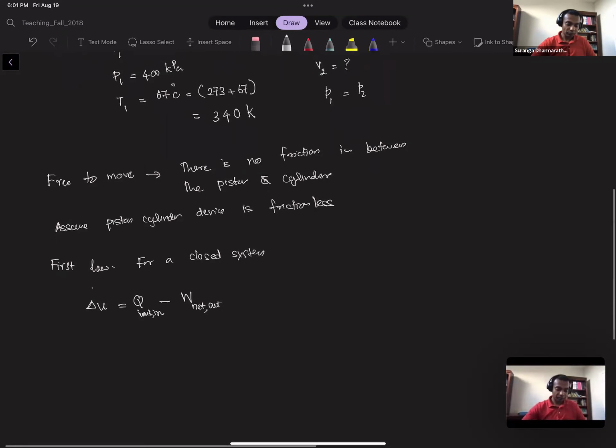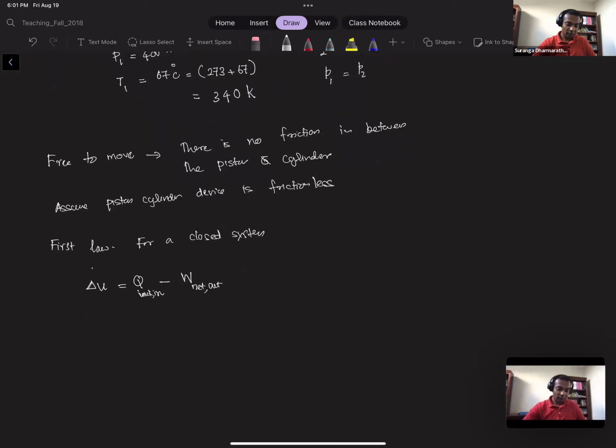Sometimes this equation is written as delta U is equal to Q in minus Q out plus W in minus W out.